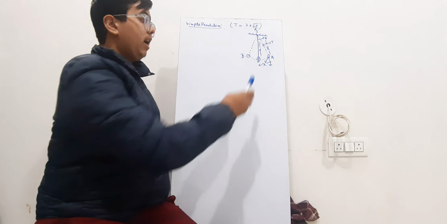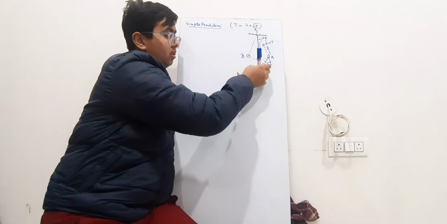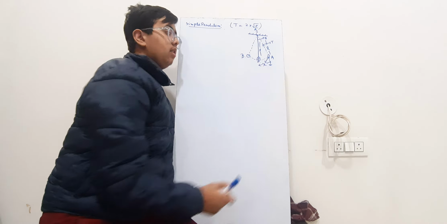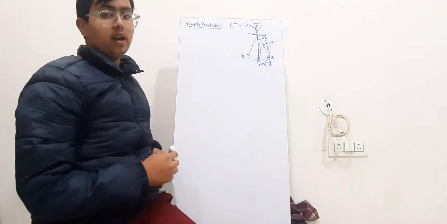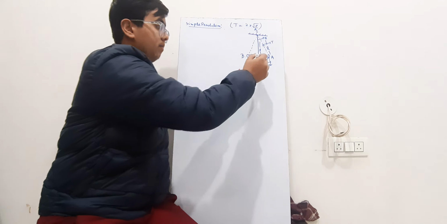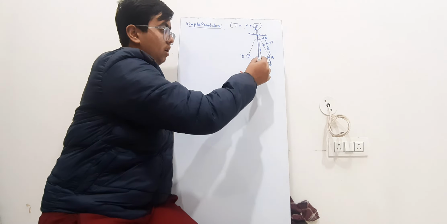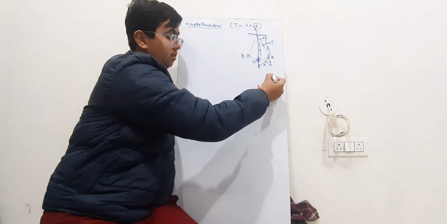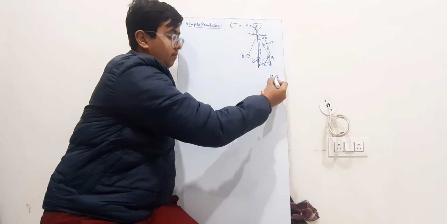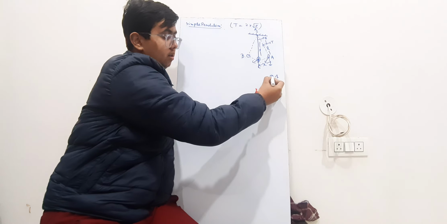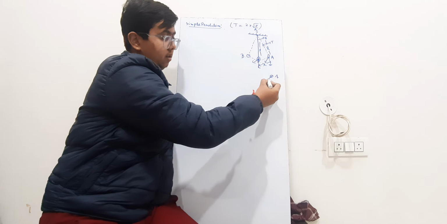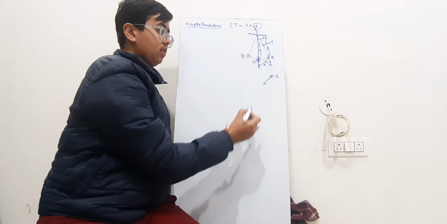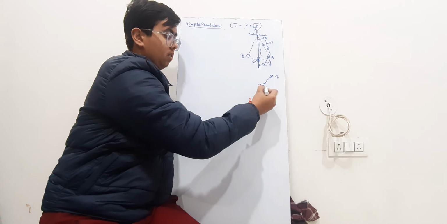At point A, the weight of the bob is mg.